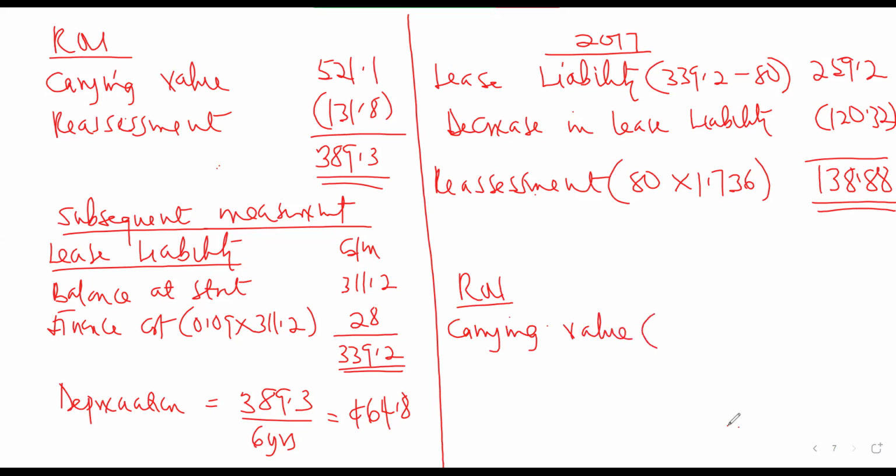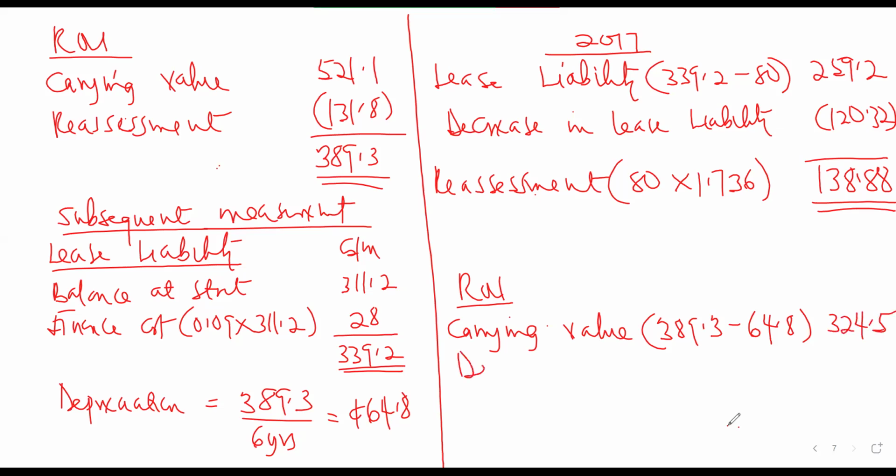The carrying value will be 389.3 minus 64.8. So our right of use is 389.3 minus 64.8. Okay, so I'm having 324.5.